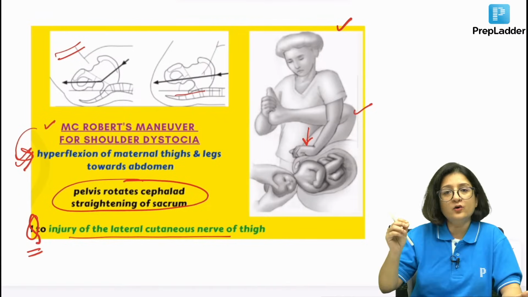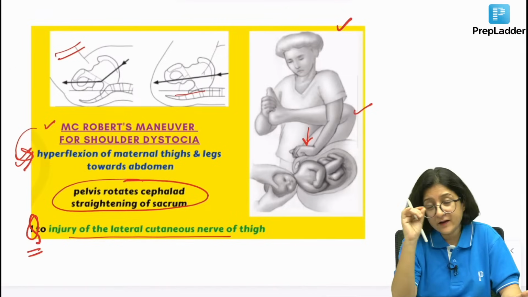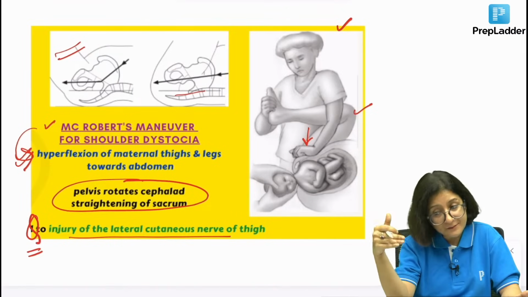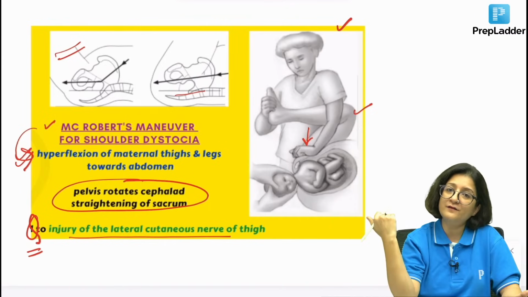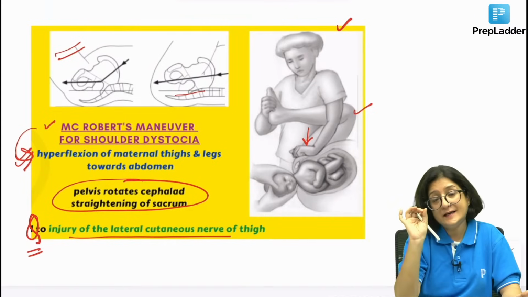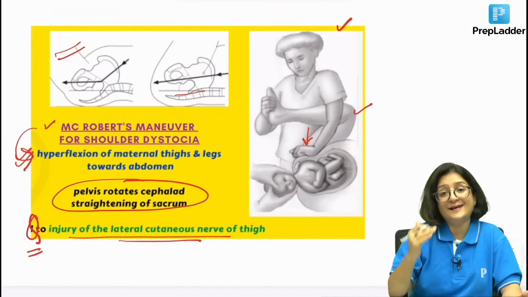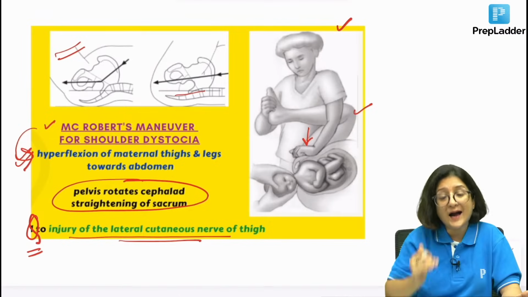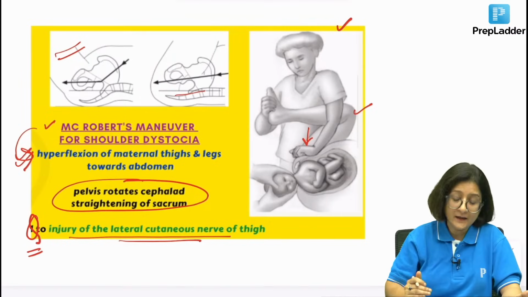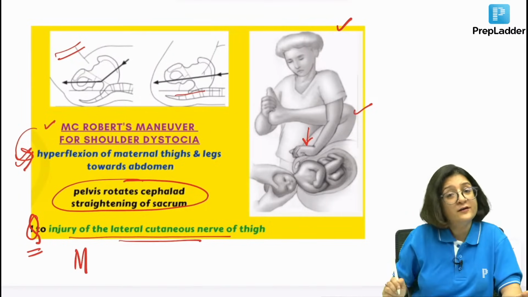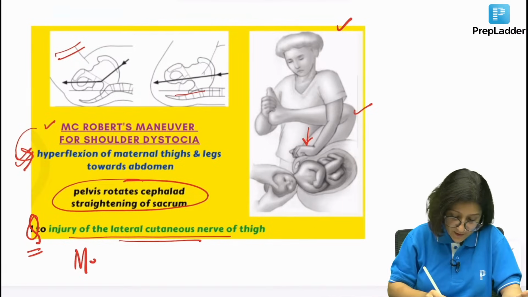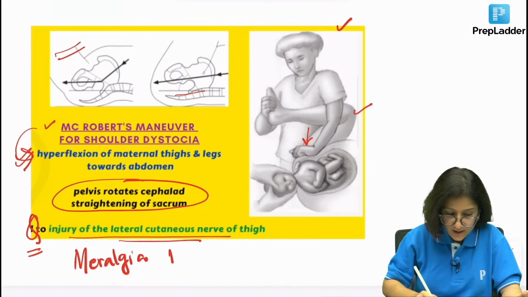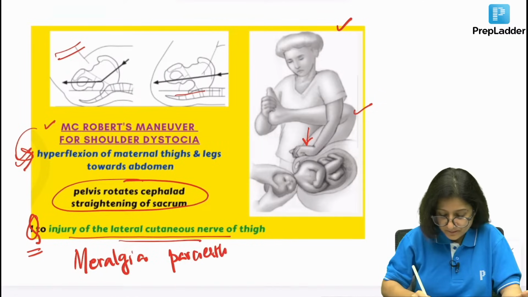Now, the lateral cutaneous nerve of thigh, recall from your anatomy, it travels beneath the inguinal ligament. So when the thighs are hyperflexed, right, the lateral cutaneous nerve of thigh can get compressed behind the inguinal ligament, and later on it can lead to paresthesias on the lateral aspect of the thigh, which we call meralgia paresthetica.